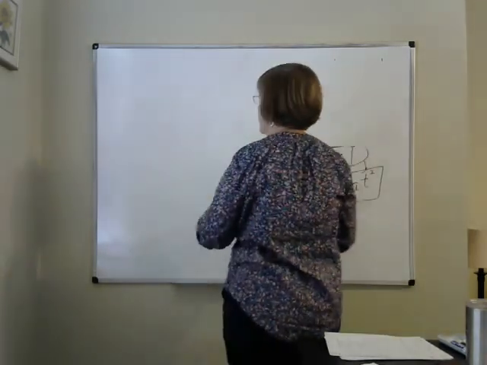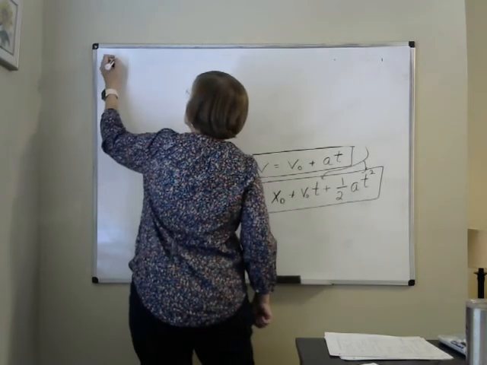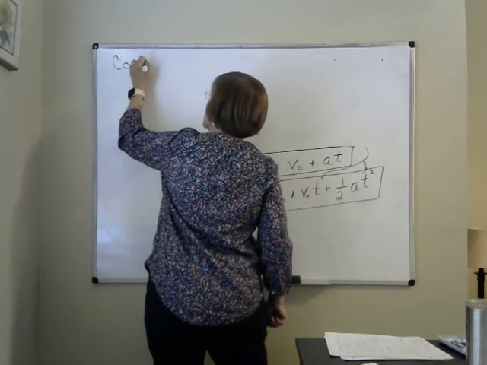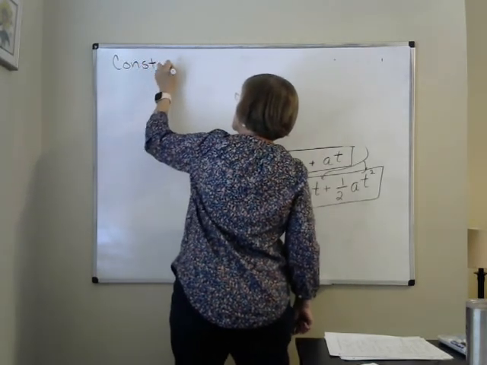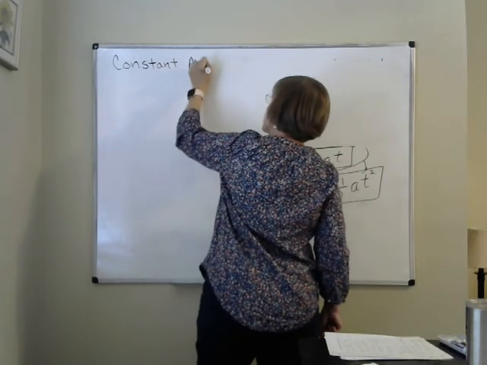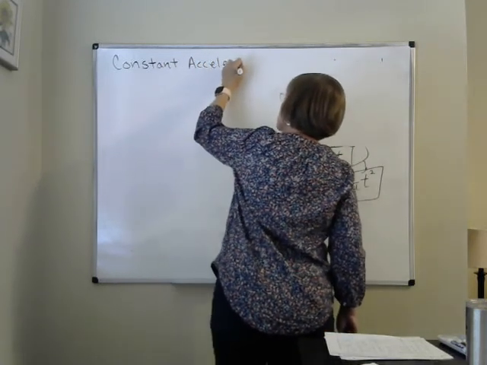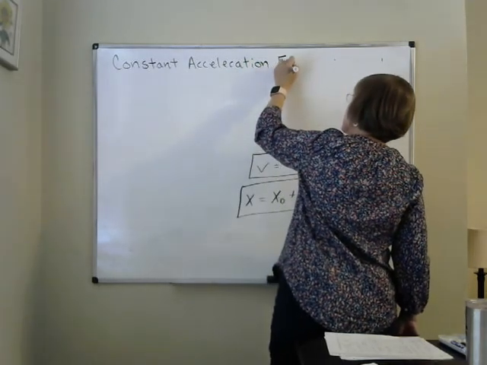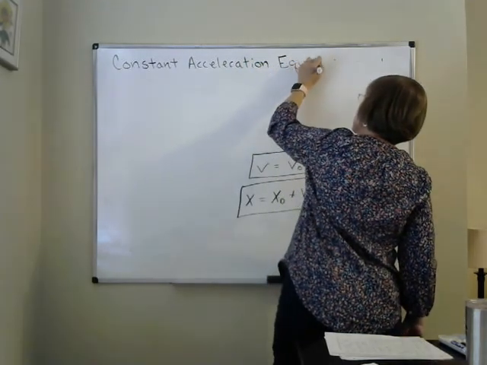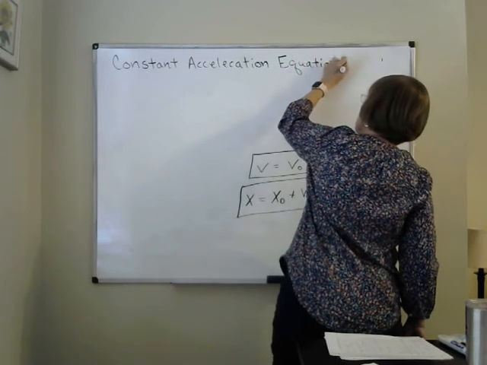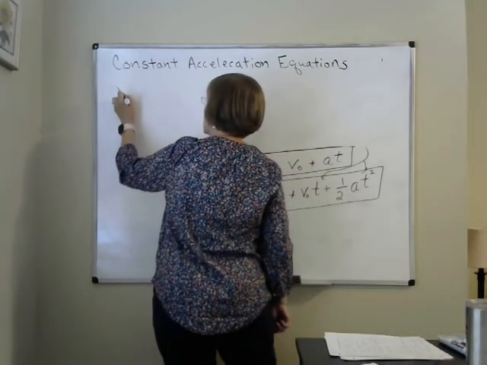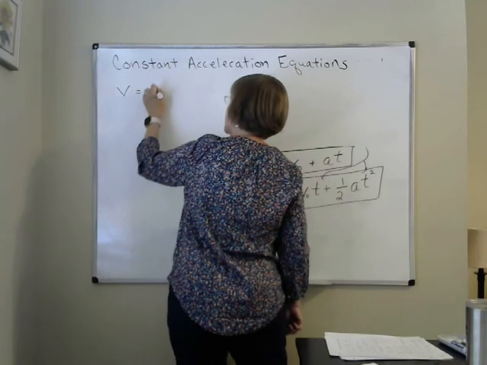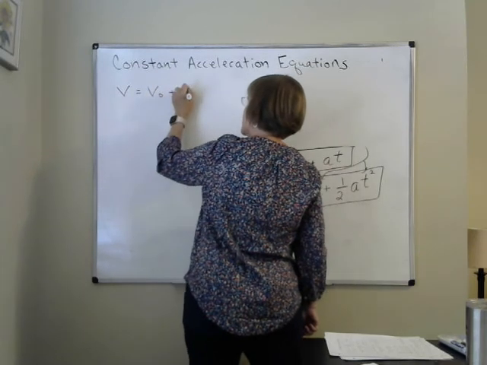Constant acceleration equations. The velocity at some time is v0 plus at.